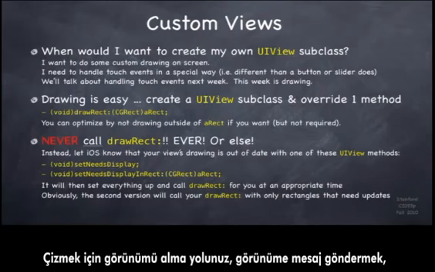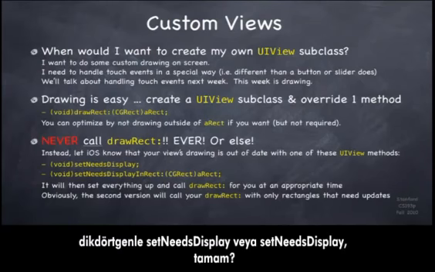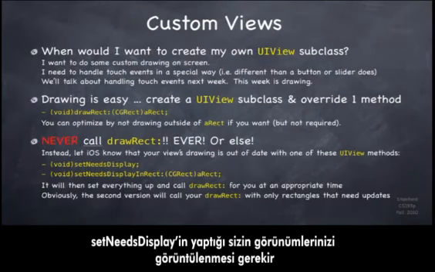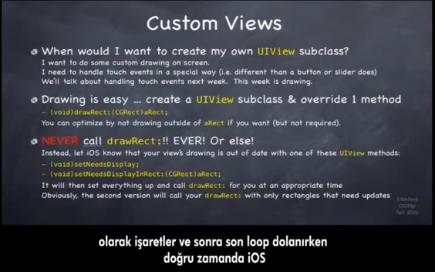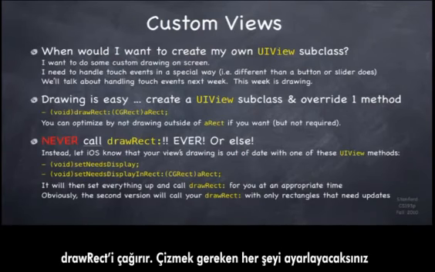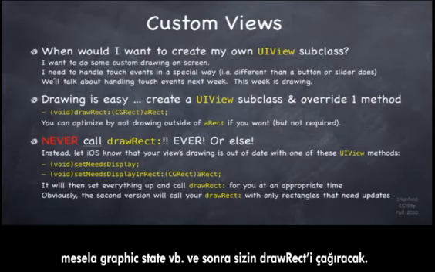All right. What setNeedsDisplay does is it marks your view as needing to be displayed, and then as the event loop runs around, at the right time, iOS will call your drawRect. It'll set up everything you need, you know, graphics state, etc., to draw, and then it'll call your drawRect.